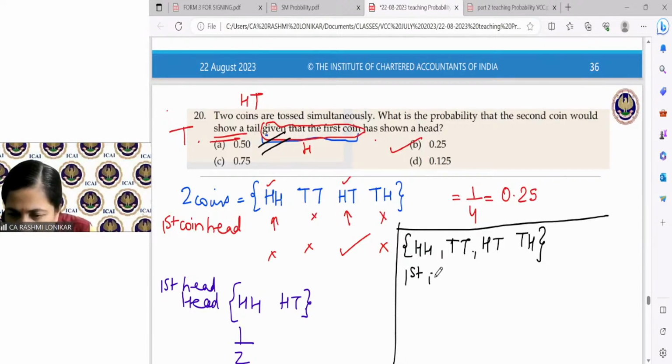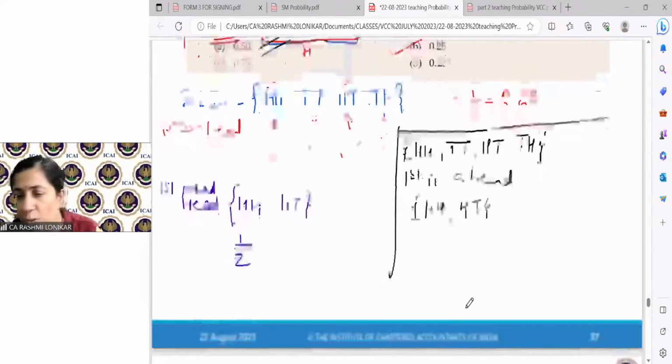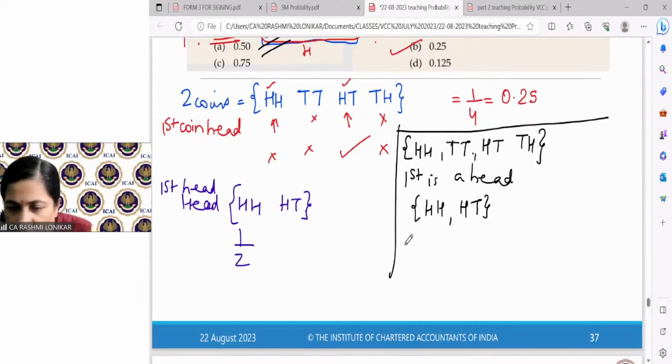First is a head. Means what? This universal space has now shrunk to what? HH and HT. Now, this is my universal space for the current problem. Once that happens, what I want is first head and next tail.